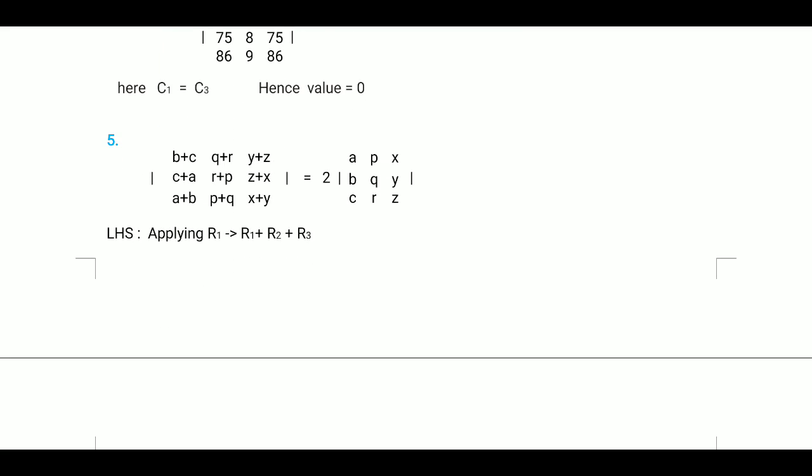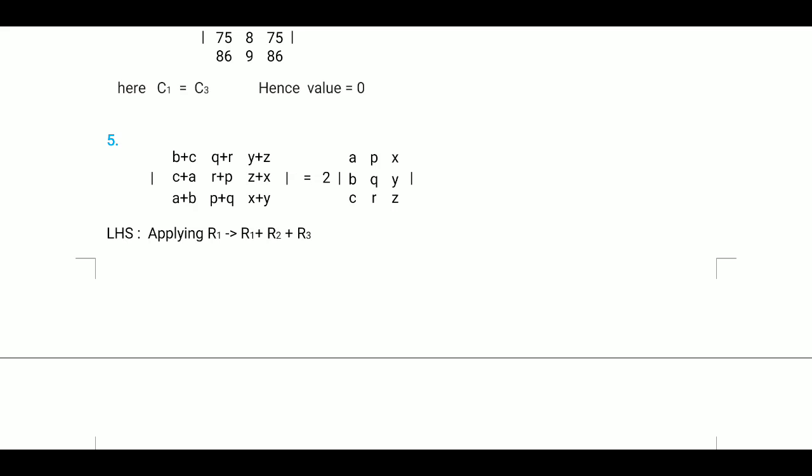Now there is another question, question 5, in which one determinant is given. You have to prove that it equals twice another determinant. Here we see that b plus c, c plus a, a plus b are in rows, and q plus r, r plus p, p plus q, and y plus z, z plus x, x plus y are all in rows. So we can make changes in rows.